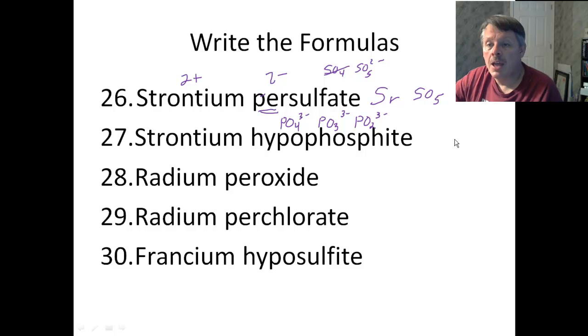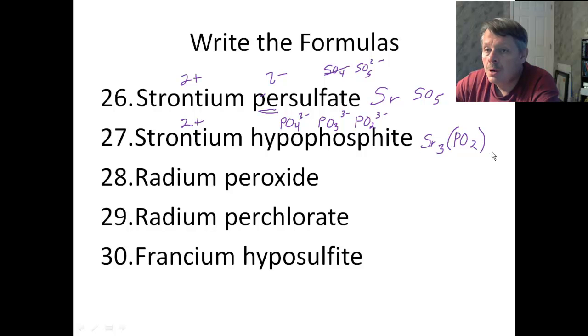So if I have a PO2 for hypophosphite and strontium, which is Sr, now strontium we already know has a 2+ charge. Hypophosphite has a 3-. When I cross them, I need to have 3 strontiums, and I need to have 2 hypophosphites. So again, I need parentheses when I do that.